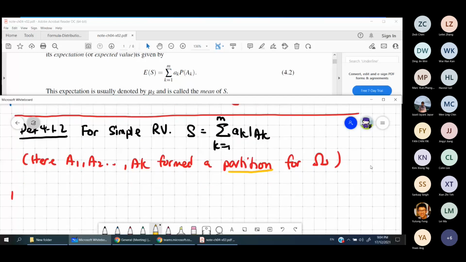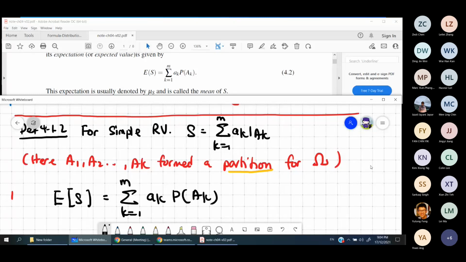All right, so for a simple random variable, S is equal to this. So we just simply define E of S. If S is like that, then E of S will be just equal to the summation for K equals 1 to M of AK, where we replace the indicator with P of AK.